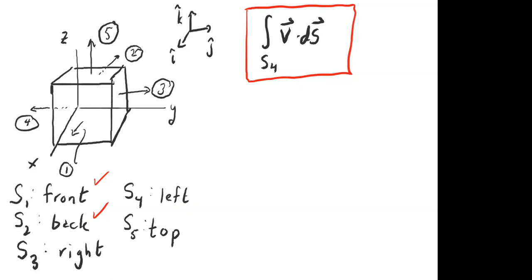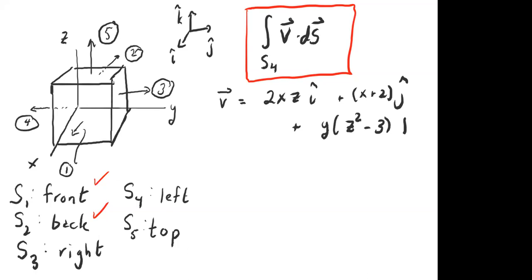So same story. Again, what's v? v never changes. It's 2xz i hat plus x plus 2 j hat plus y times z squared minus 3 k hat. So v never changes in any of these surface integrals.